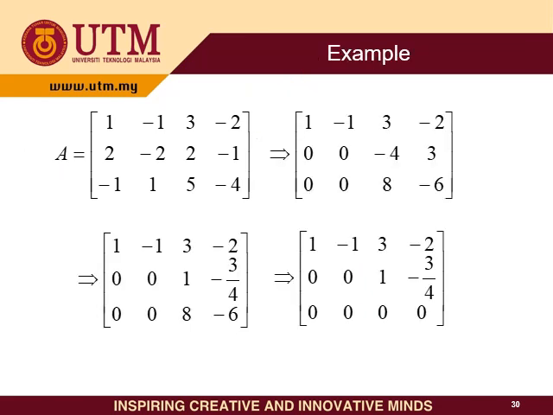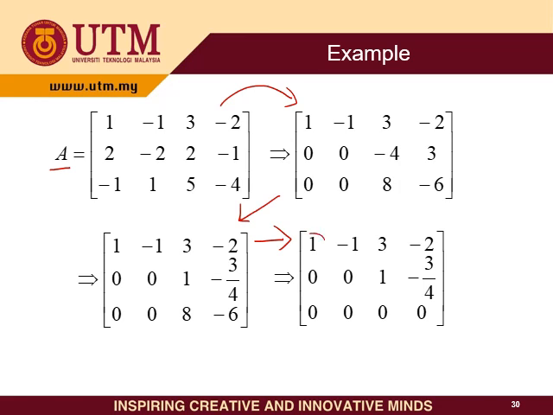This example shows you the step-by-step process in changing to the row echelon form. So we do the row operations until we get our leading ones.